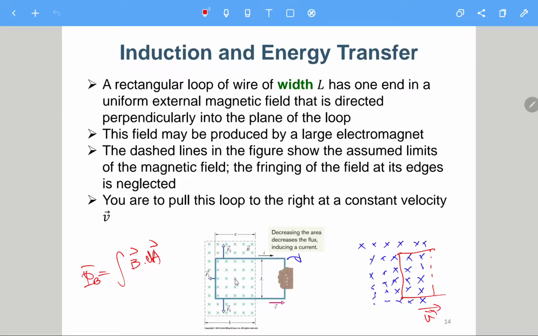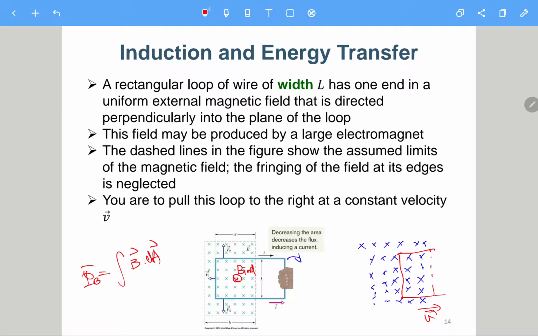Here, you can imagine if you try to pull the loop to the right side, which means the magnetic flux is decreasing. In this case, there will be a B induced pointing out of the page, due to Faraday's law and also Lenz's law.